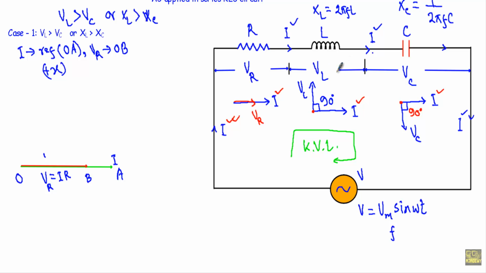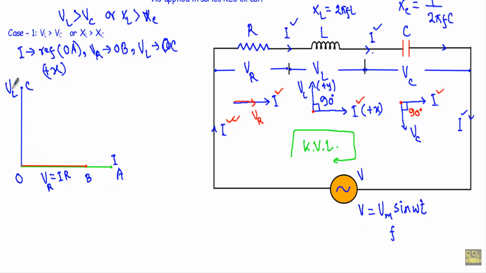Okay, now see the voltage across this inductor is VL. Okay, and see in case of this inductor, if I take the reference axis in the plus x direction, VL leads I by 90 degree. That means I will take VL in the direction of plus y axis. So as VL is in this direction, I will take VL in this direction and I will denote that with OC.